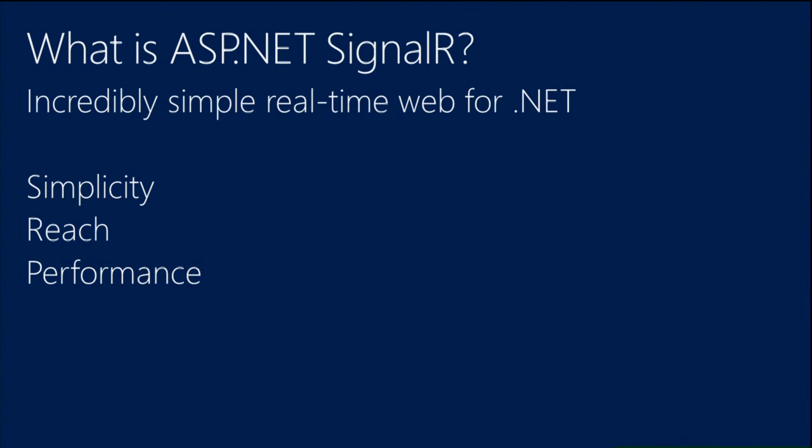The three overarching themes that I want you to take away with SignalR are that it's all about simplicity, it's all about reach, and it's all about performance. Those are the three key tenets for describing the pitch: why do I care about SignalR so much? Most of my demos are going to focus on simplicity and reach, to bring home the point of why you should care about SignalR.